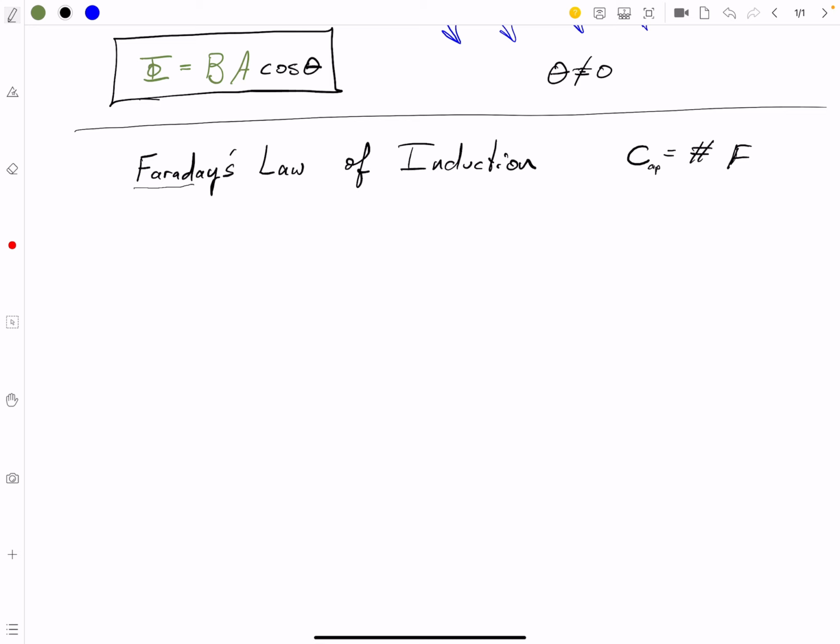So what Faraday did was basically what we saw up above.